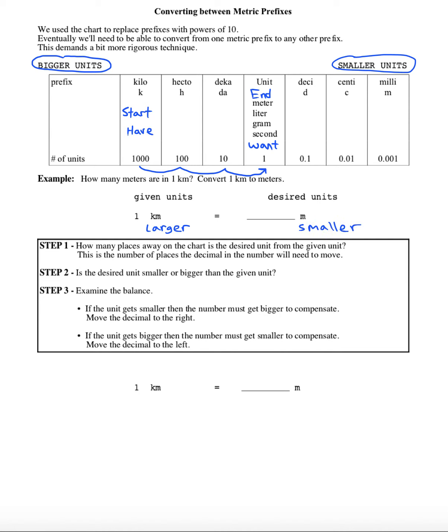So what does this mean in terms of balance in the equation, in the conversion, right? It means that the unit itself has gotten smaller.